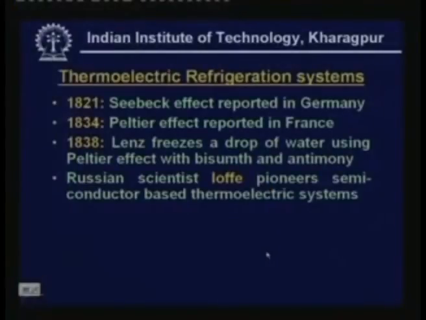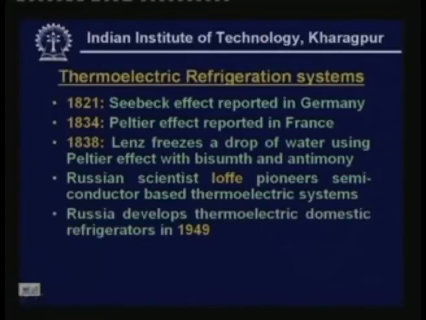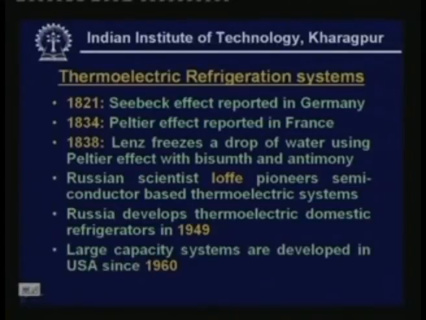Later, the Russian scientist Ioffe became one of the major pioneers in the area of semiconductor based thermoelectric systems, and Russia developed several domestic refrigerators using this principle. In the USA in the 1960s, they developed large air conditioning systems using the thermoelectric principle.